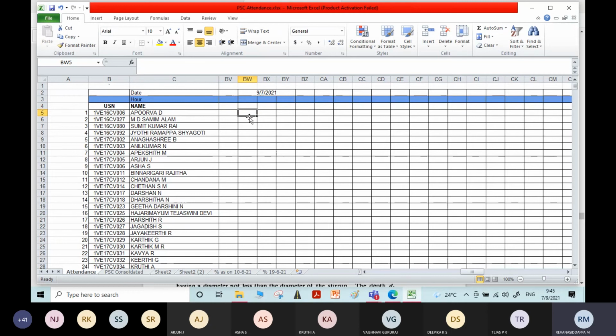Apurva. Samim Alam. Sumit Kumar. Jyoti. Present, sir. Nagasri. Anil Kumar. Sir, Sumit present, sir. Rachit, Arjun, present, sir. Asha, present. Rajita, present, sir.